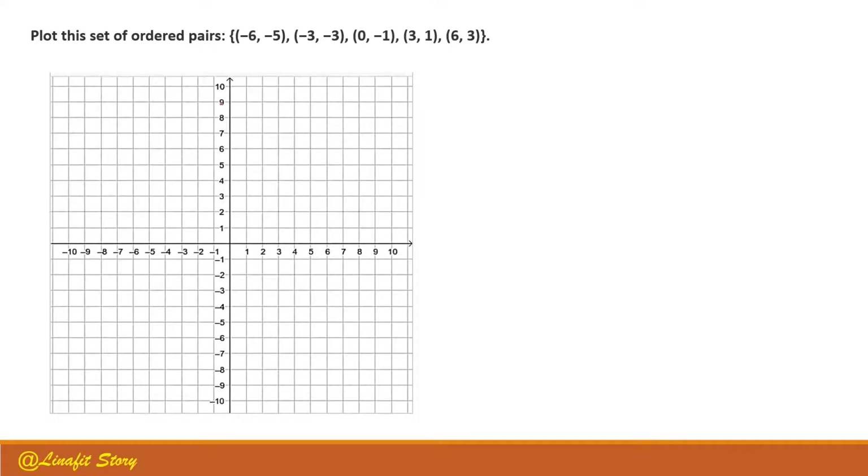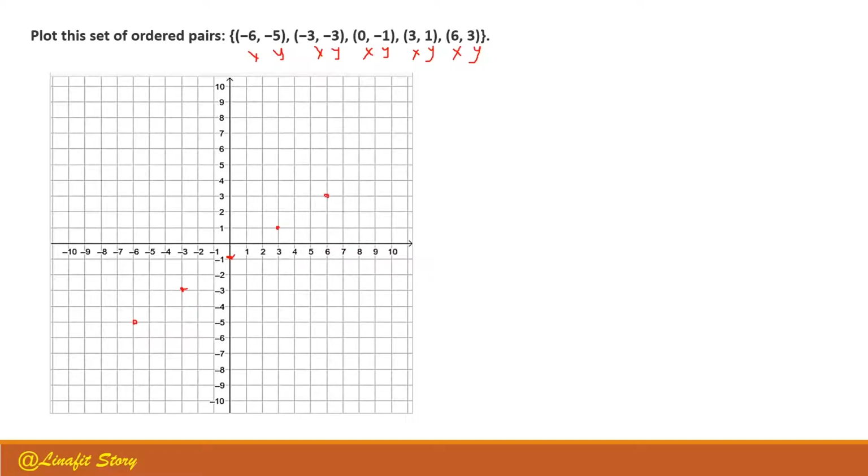Plot this set of ordered pairs: (-6, -5), (-3, -3), (0, -1), (3, 1), and (6, 3).